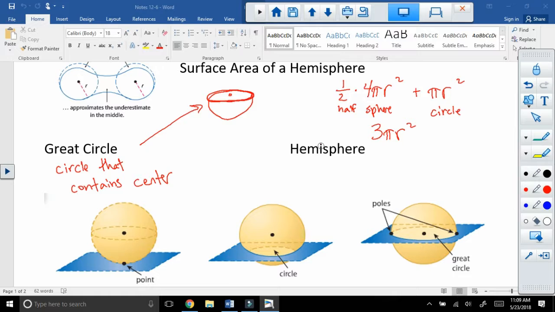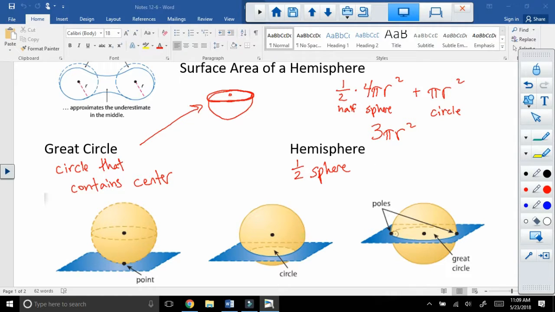Okay. And I guess we probably should have defined this first, but the hemisphere is half the sphere. Just like on the globe, you have the northern hemisphere and the southern hemisphere. It's half of the sphere.